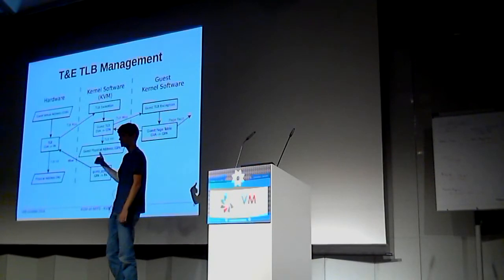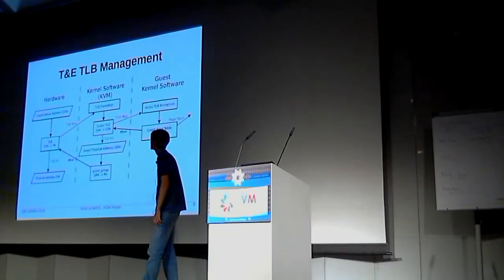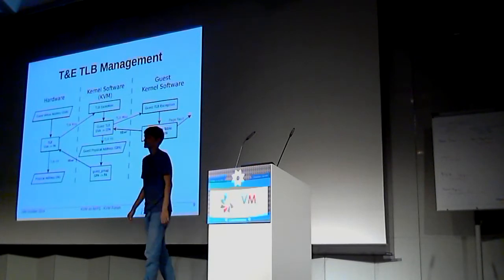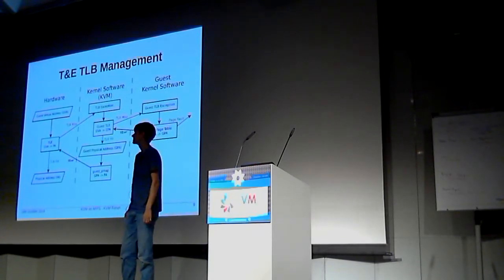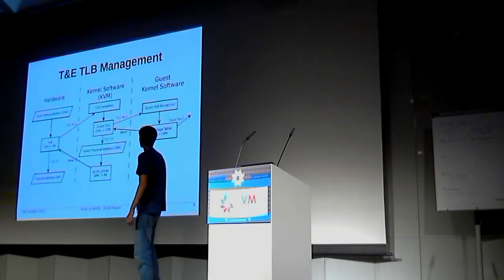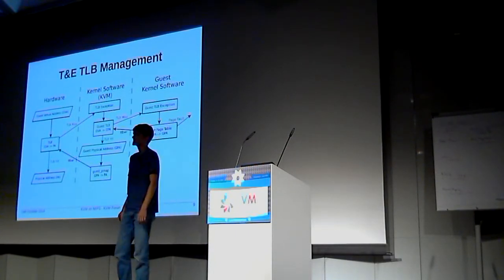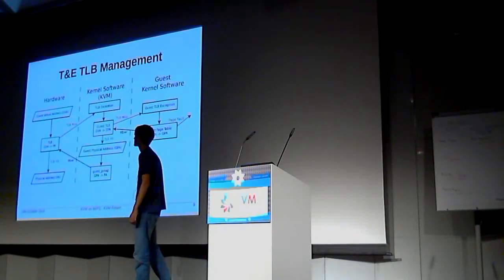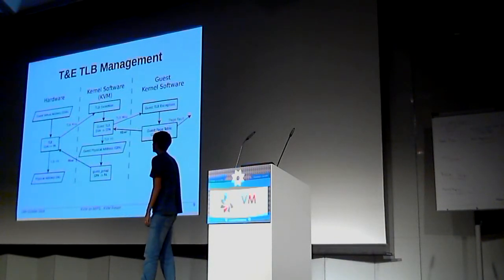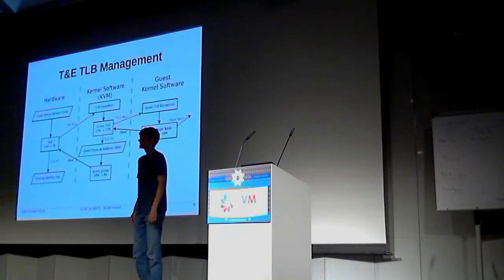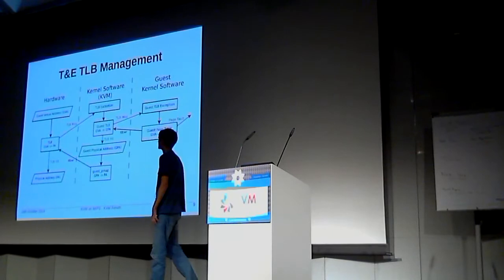It will literally linearly walk through them to find a mapping. If that fails, it will trigger a guest exception to allow the guest to fill in the guest TLB. And once that's done, that's still only a guest physical address. That's got to then be mapped to a real physical address, a host physical address, for which it uses a guest PMAP table, which is currently linear. That's something else that needs improving.